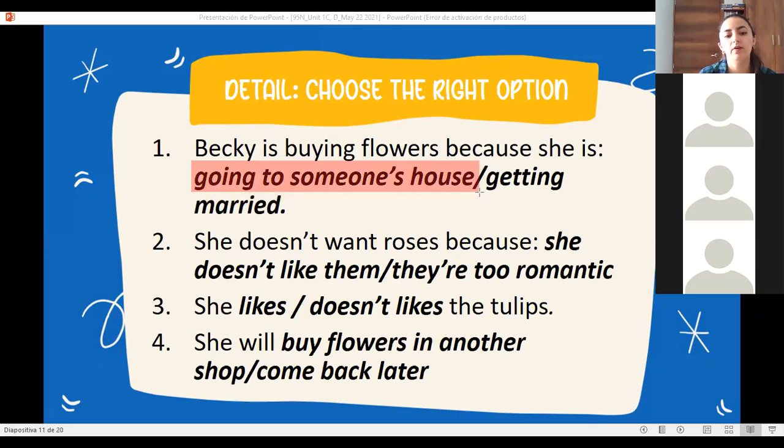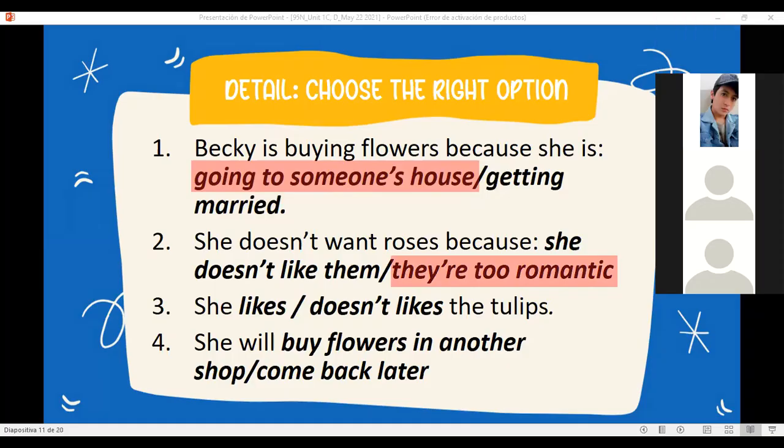For number 2, she doesn't want roses because she doesn't like them or they are too romantic. They are too romantic. Yes, that's right. What about number 3? She likes or she doesn't like the tulips? She likes the tulips.